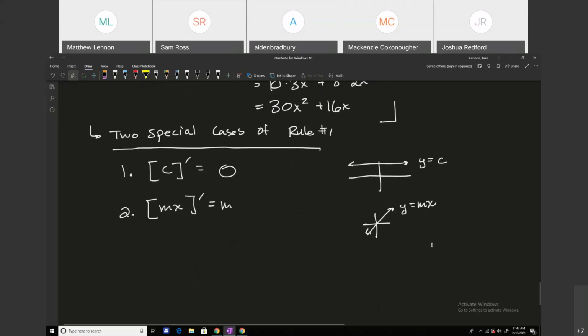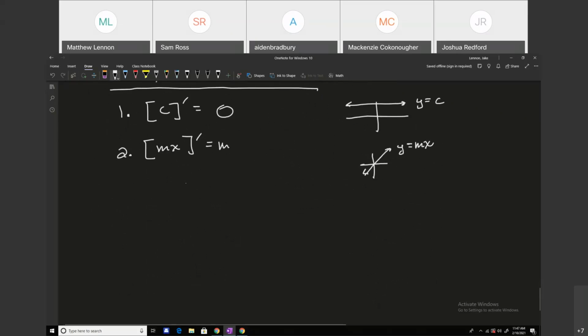So let's go ahead and look at some examples where we differentiate. Differentiate, again, just means find the derivative, just a fancy word for that.